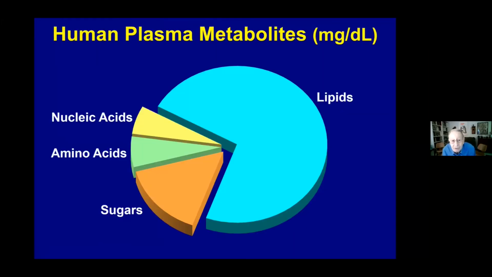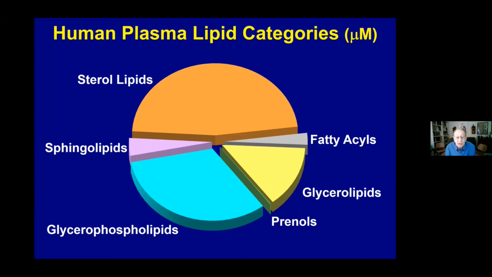Now, if you look at human plasma, and there was a question to Al Merrill a little bit ago about sphingolipids in human plasma, 3/4 of the metabolites are lipids, and only 1/4 are comprised of the other 3 categories of biological materials: nucleic acids, amino acids, and sugars. If we look at just the lipids, and Matt introduced you to the categories of lipids, of which lipid maps established 8 categories, only 6 of those are involved actively in human and mammalian metabolism.